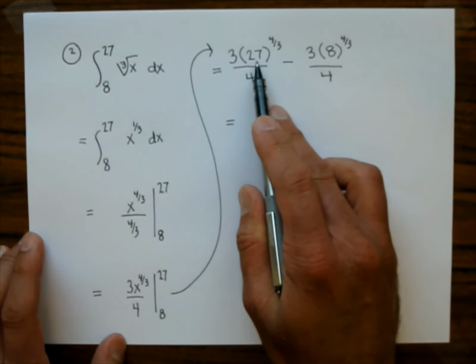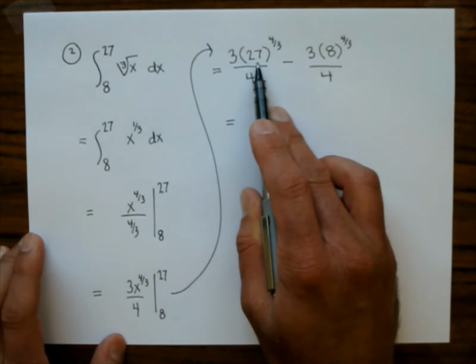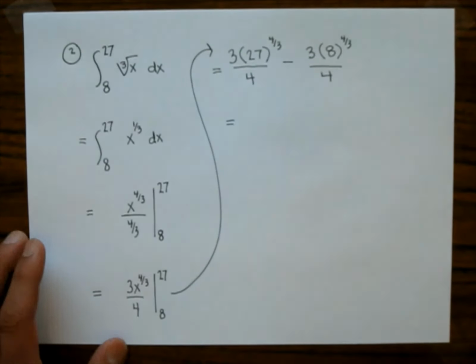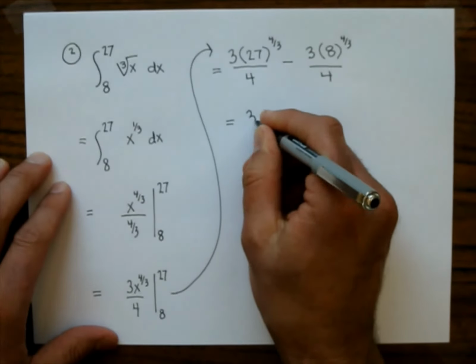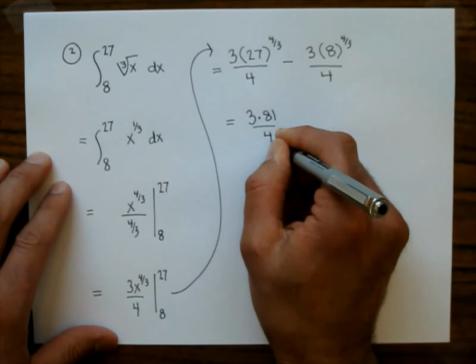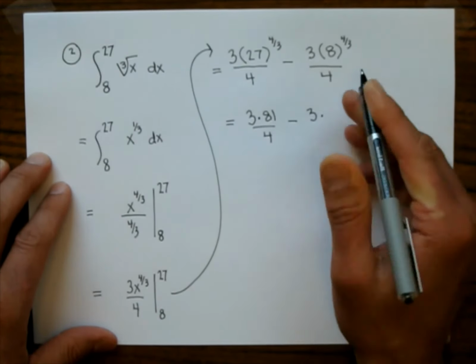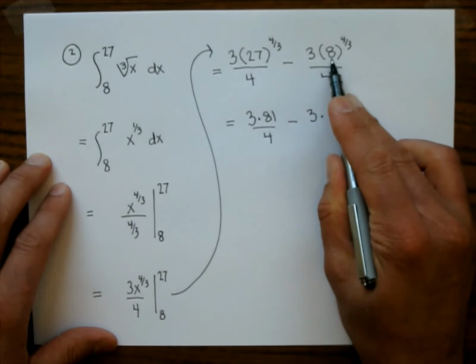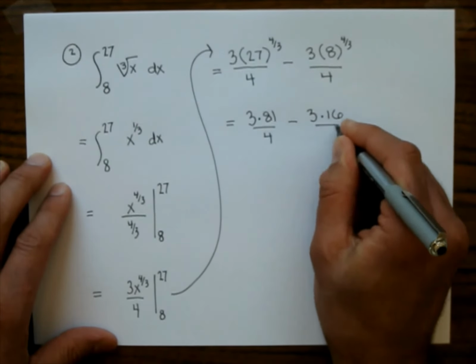The cube root, so that's what the 3 means, of 27 is 3. 3 to the 4th is 81. And so let me just write out this middle step. So this is 3 times 81 all over 4 minus 3 times, we'll do the same thing here. The cube root of 8 is 2. 2 to the 4th is 16.